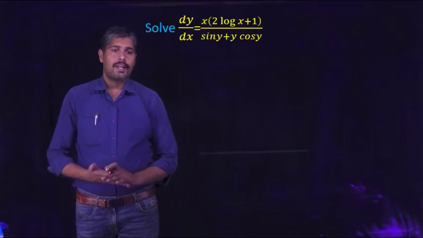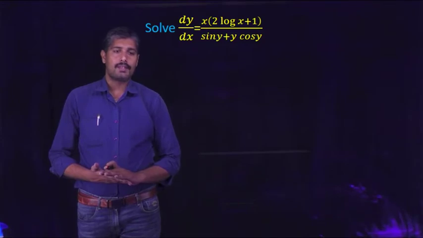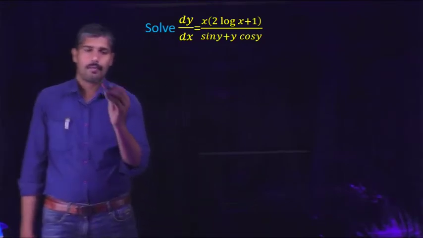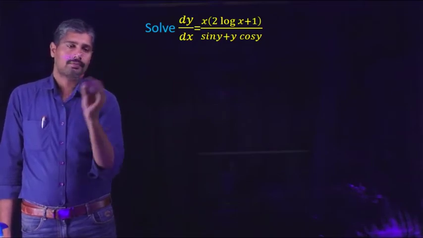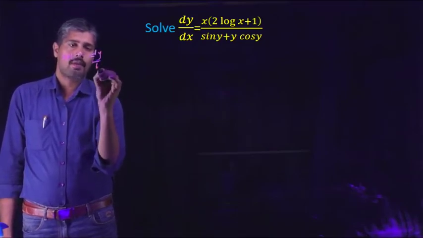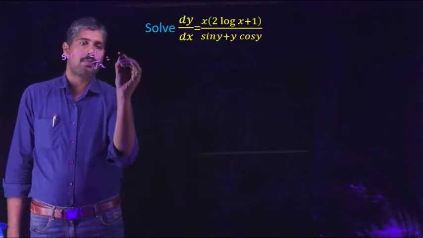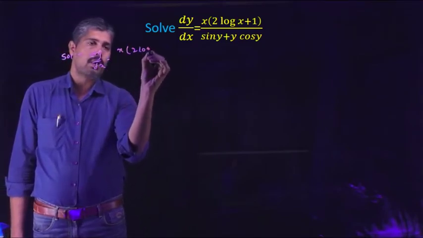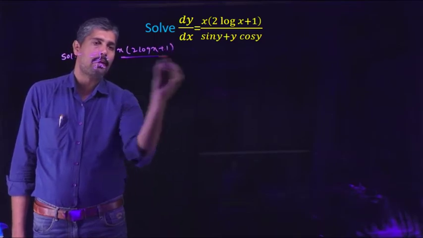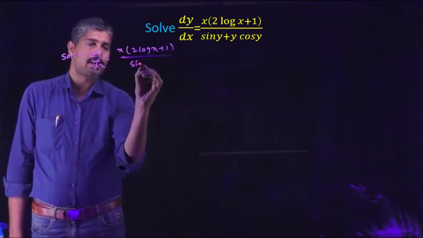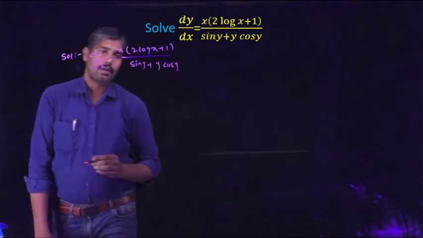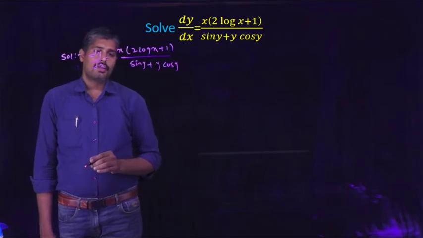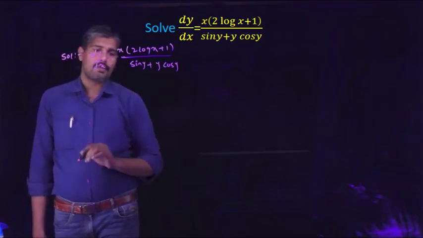See, dy by dx equal to x into (2 log x plus 1) by (sin y plus y cos y). This one is solved by using the variable separable method.